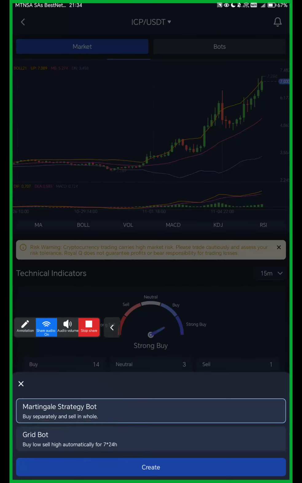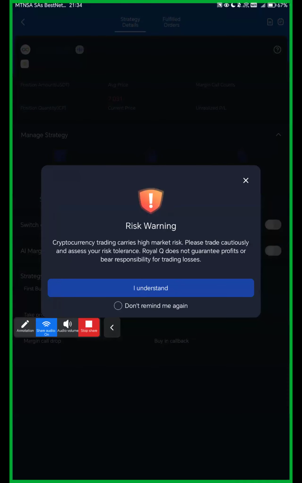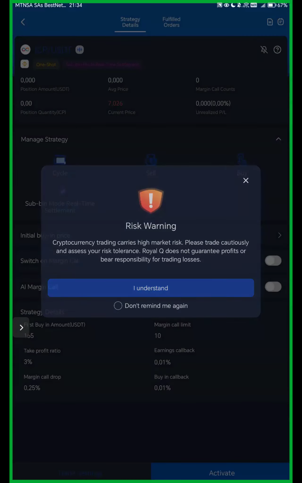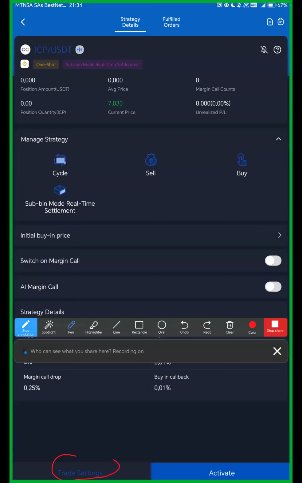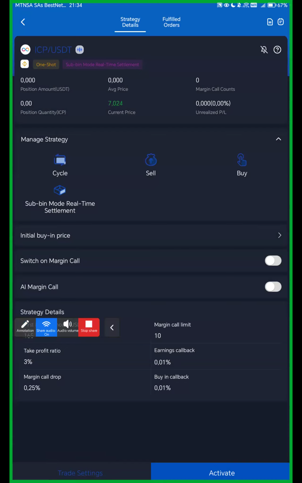So let's tap on create. Then after that, I tap I understand. Now, when you come to this page, you are going to tap on trade settings. We want to set a trade, but we want this trade to be triggered, so that when it is time to buy, there is an indication that it is the right time for the robot to buy, not just enter at the current price.